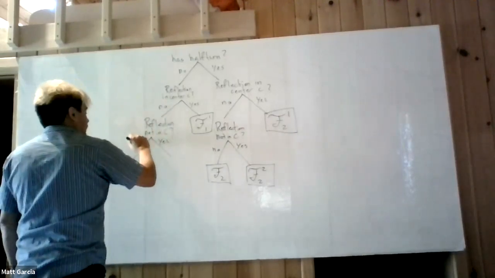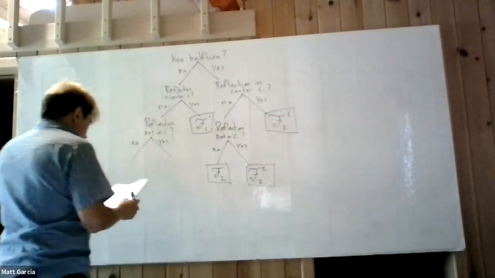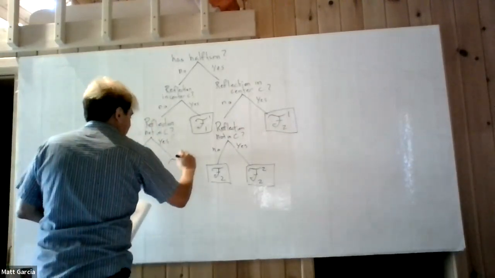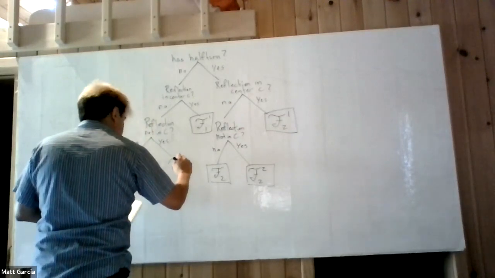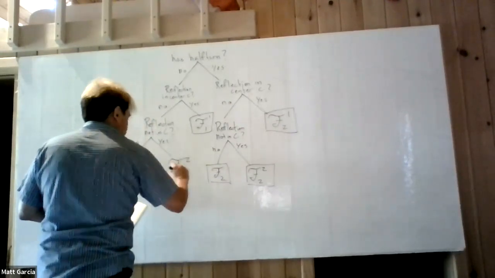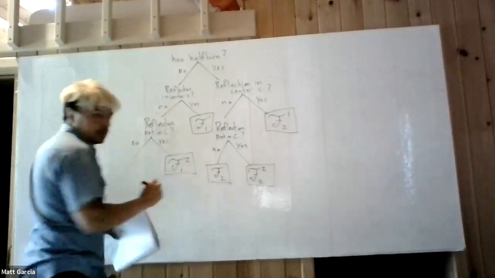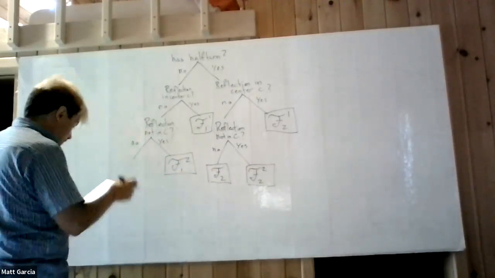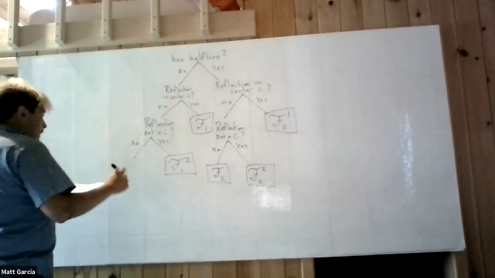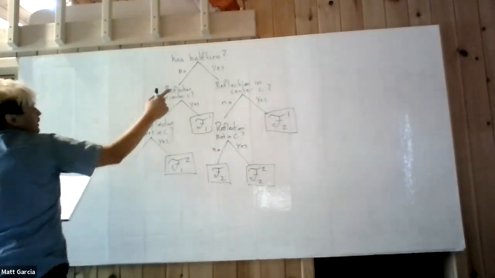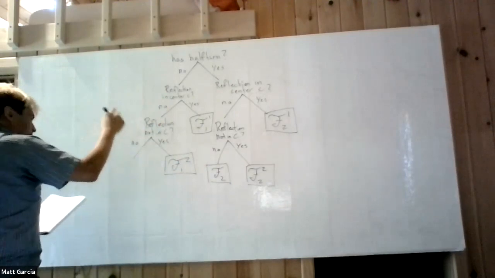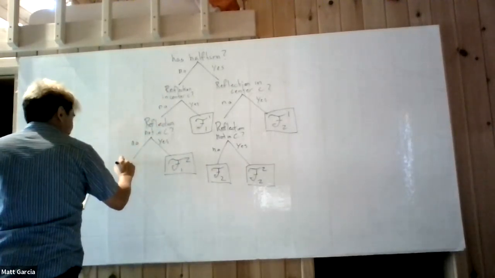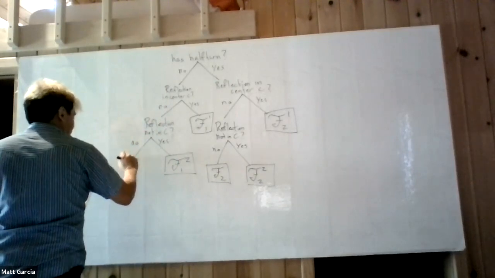Two branches here as usual, yes and no. If yes, there is a reflection, then I just get F1,2. And if I'm no half turn, no reflection in the center, and no reflection not in C, then I must ask if there is a glide reflection.